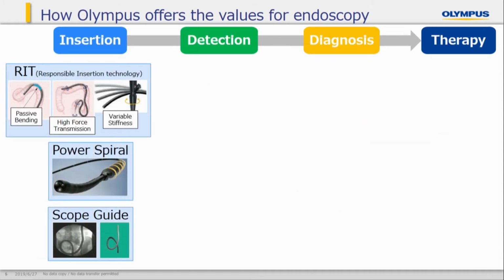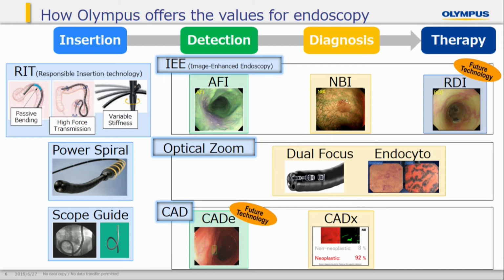As you can see in this slide, I have tried to summarize our latest features and functions following your procedure. Today I have 20 minutes, so let me try to summarize these features.